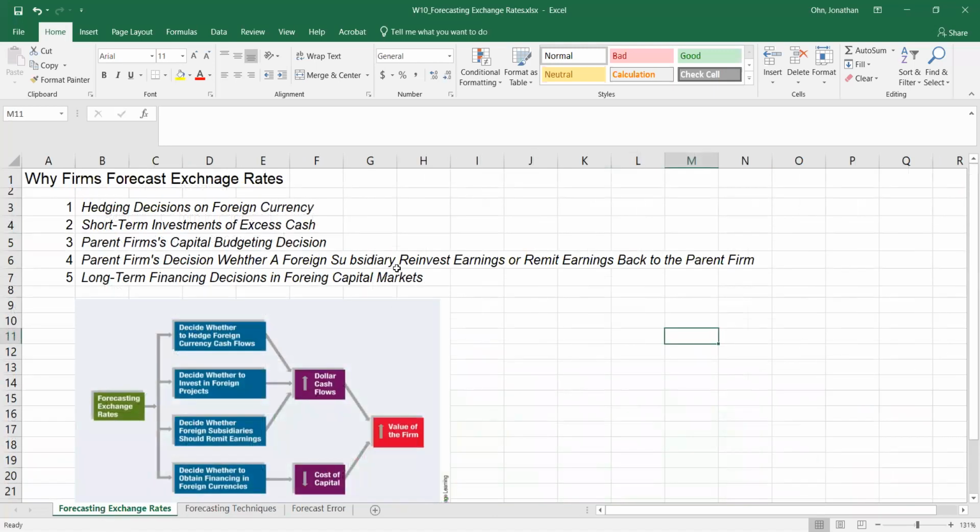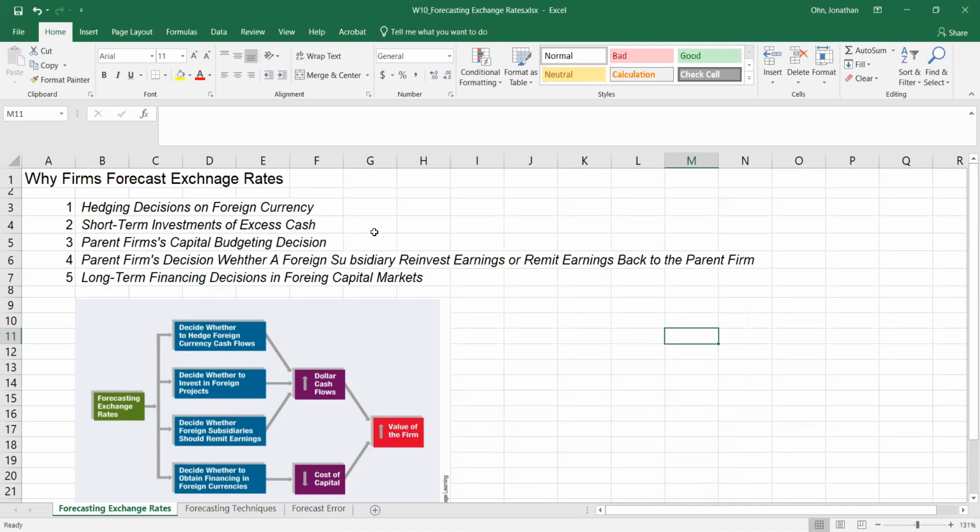And multinational corporations use this forecasting too. They forecast the exchange rate for their hedging decisions, short-term investment decisions, capital budgeting decisions, whether to reinvest or remit earnings back to the parent company, and long-term financing decisions in the foreign capital market.